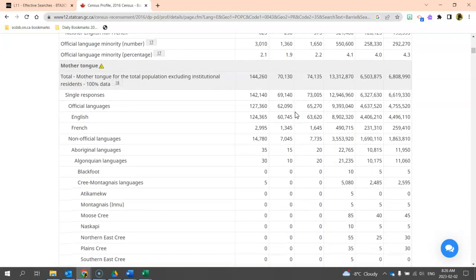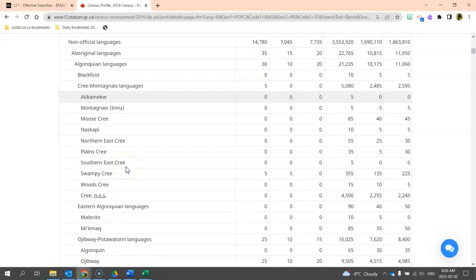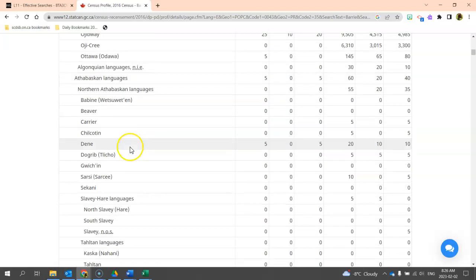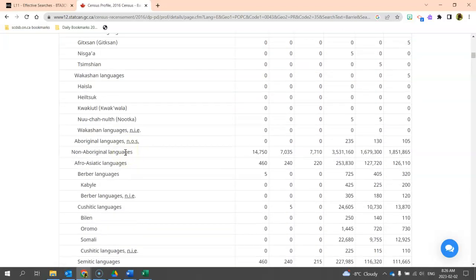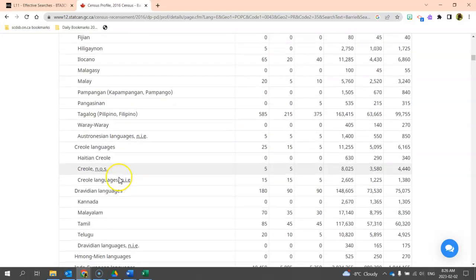And then you have other ones that are mother tongues that are other. So they've got all the First Nations, Aboriginal languages here. And then you've probably got, I would imagine, other countries as well, because I've seen that before. Oh, yep, here we go. So we're all into Arabic and all of these different options for you.